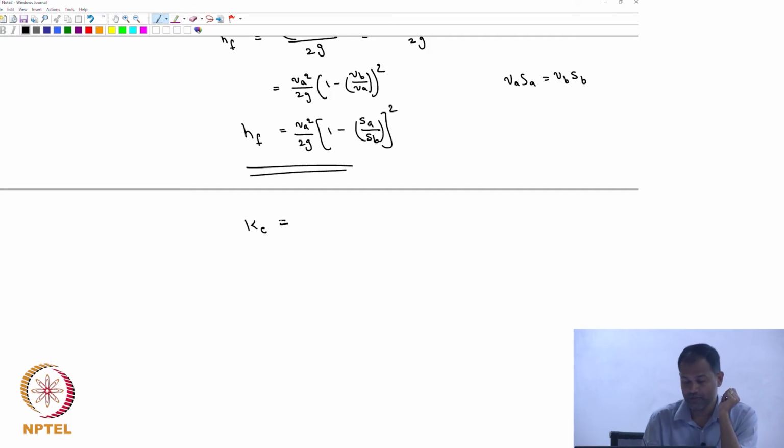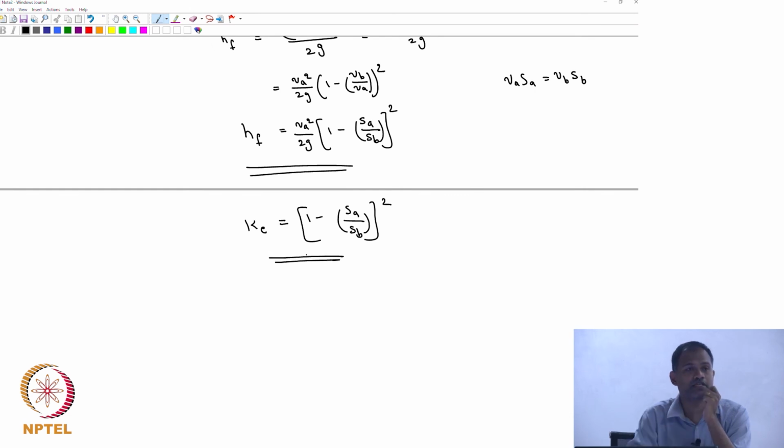KE will be equal to this, so that's the expansion loss coefficient. And it seems to be working fine, so the assumptions that we made should be okay.